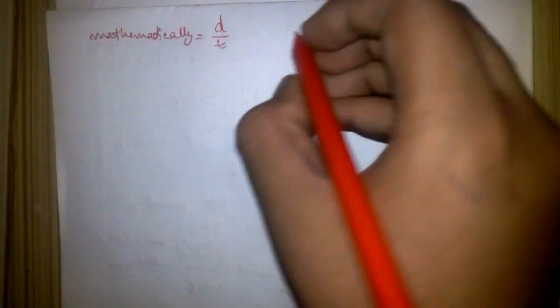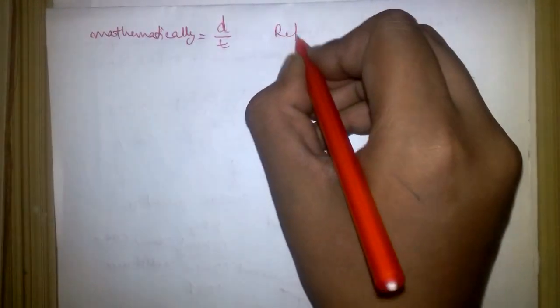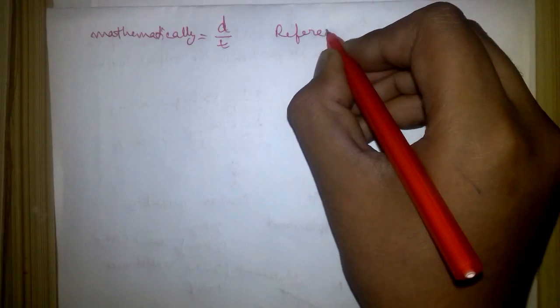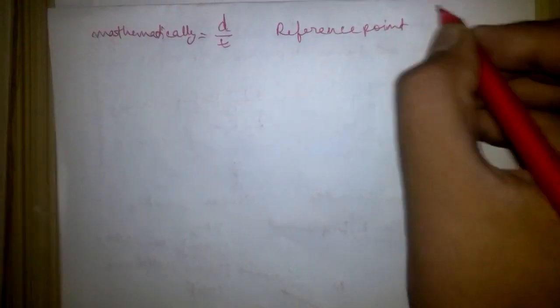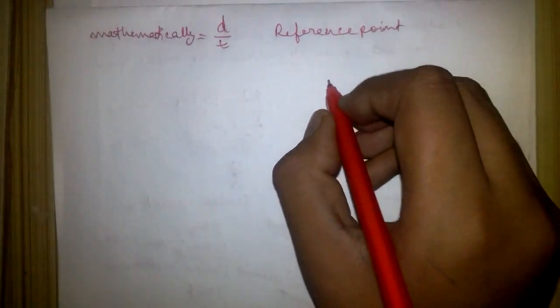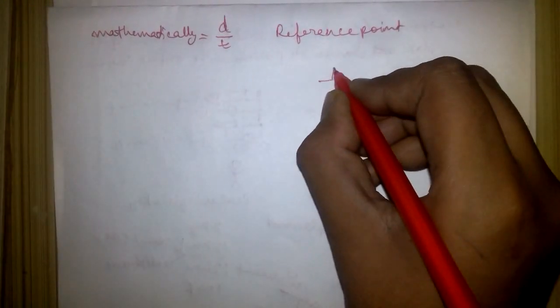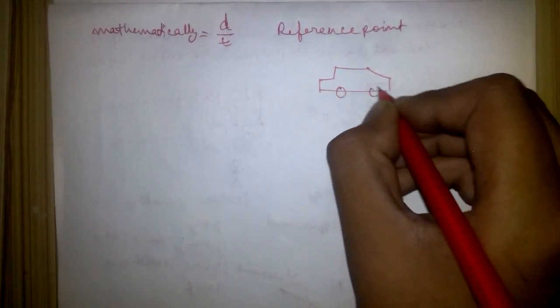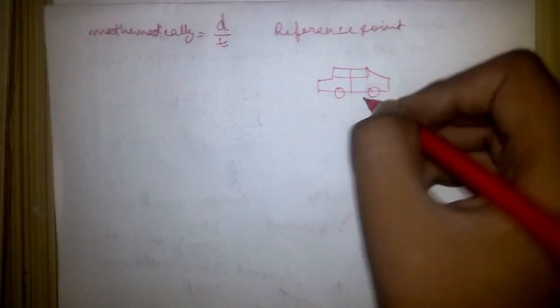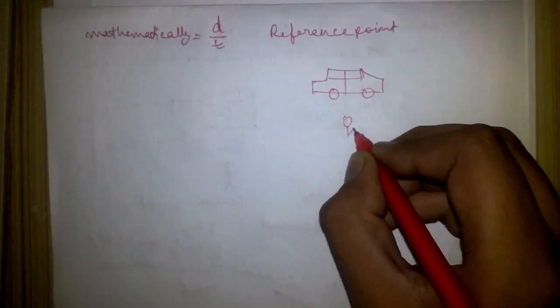Okay, let me introduce a new subtopic, the reference point. Now what is the reference point? You remember the example I gave in the last video. Suppose a car is moving and a man is watching it from here.